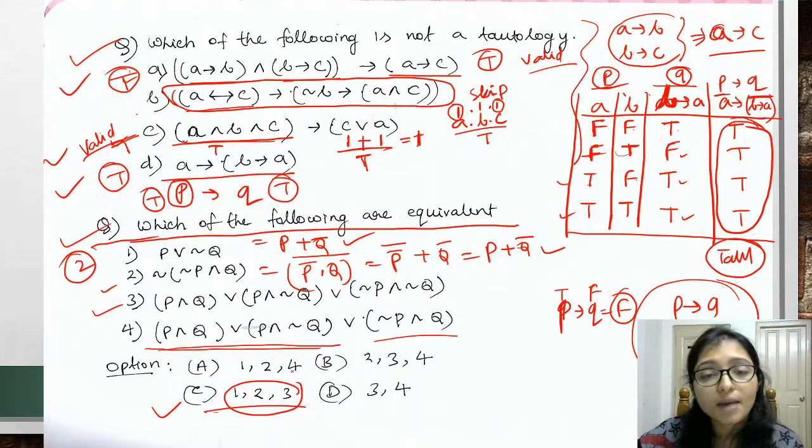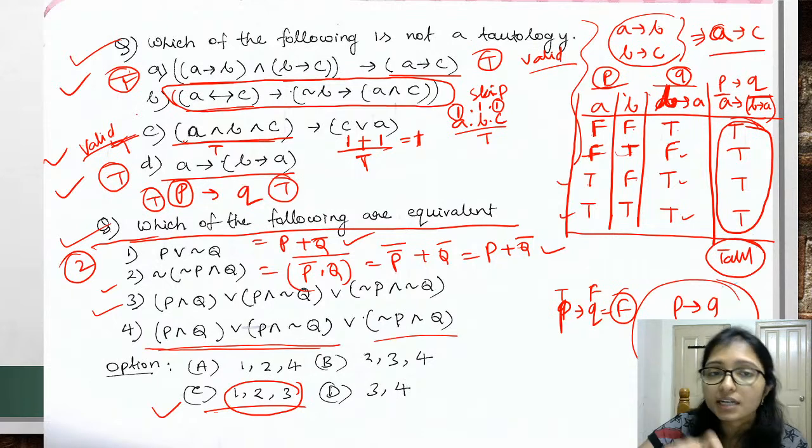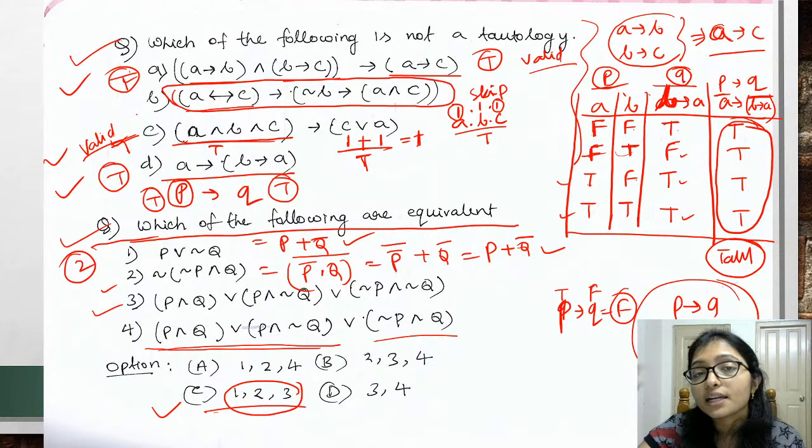So Riddhima, if you are getting confused solving in that way, then try to convert the implication into OR and AND. Here in the first question the implication is there.